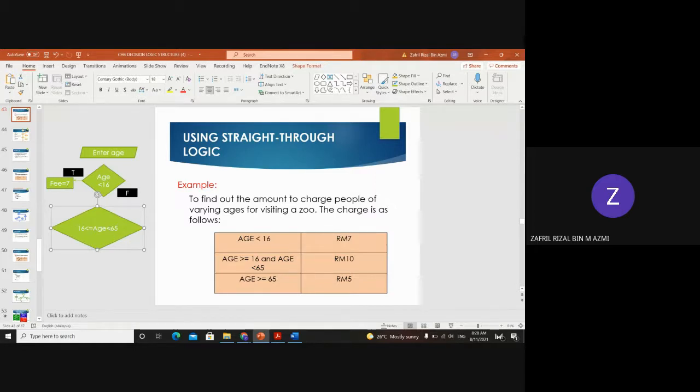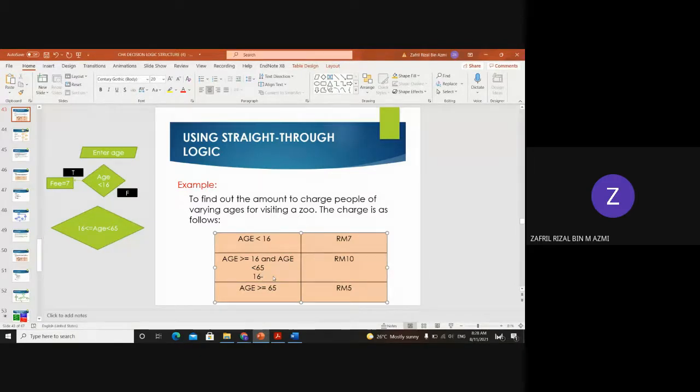This involves two expressions. If you put it like this, you are combining them, so it is not acceptable. So use formal operators. If in this case it is already given to you, it is very straightforward. Most of the time, it is going to be like this: 16 to 64.